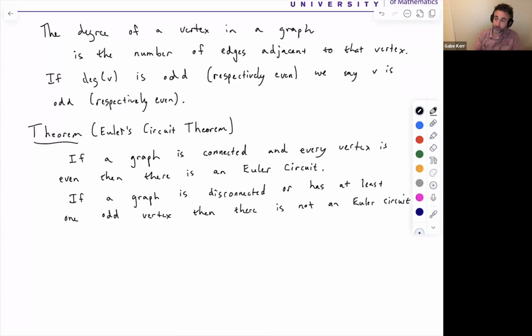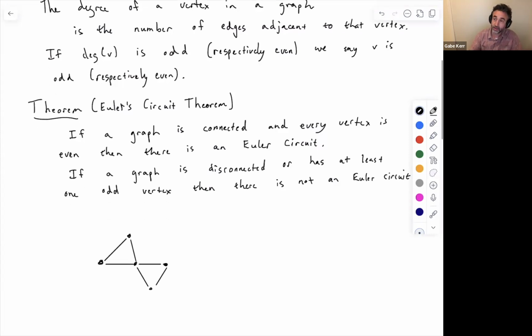So let's do a couple. I'll just draw some examples, with little dots for my vertices to make things simple. If I have a graph that looks like a bow tie, then there should be an Euler circuit here. The reason is we can look at the degree of each vertex.